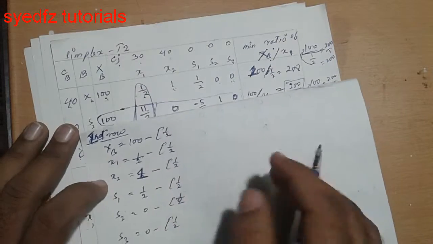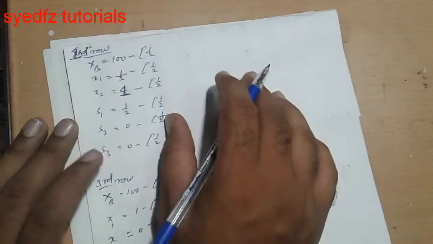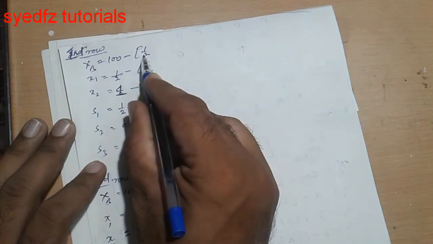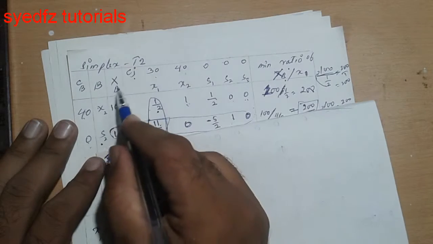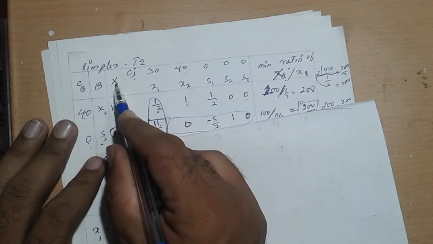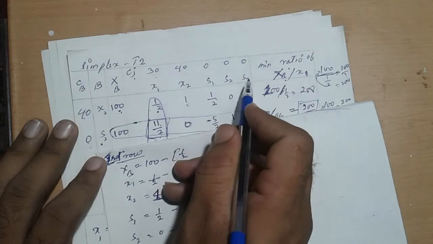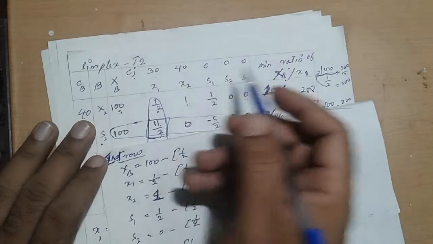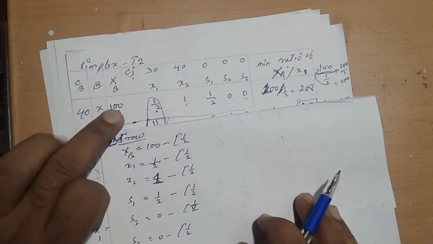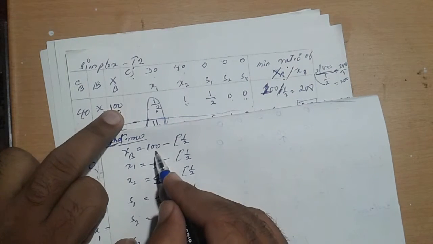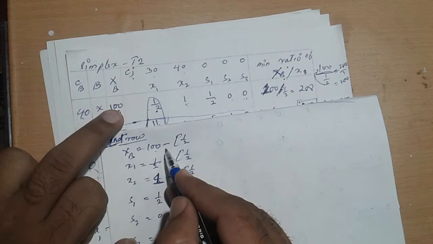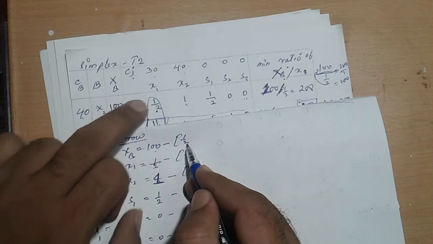So I have prepared some here, this one for the second row. We have to calculate for the solution basic variable value, x1, x2, s1, s2 and s3 values. What is the formula? The formula is the old value. What is the old value? Old value is 100 minus key column, which is 1 by 2.